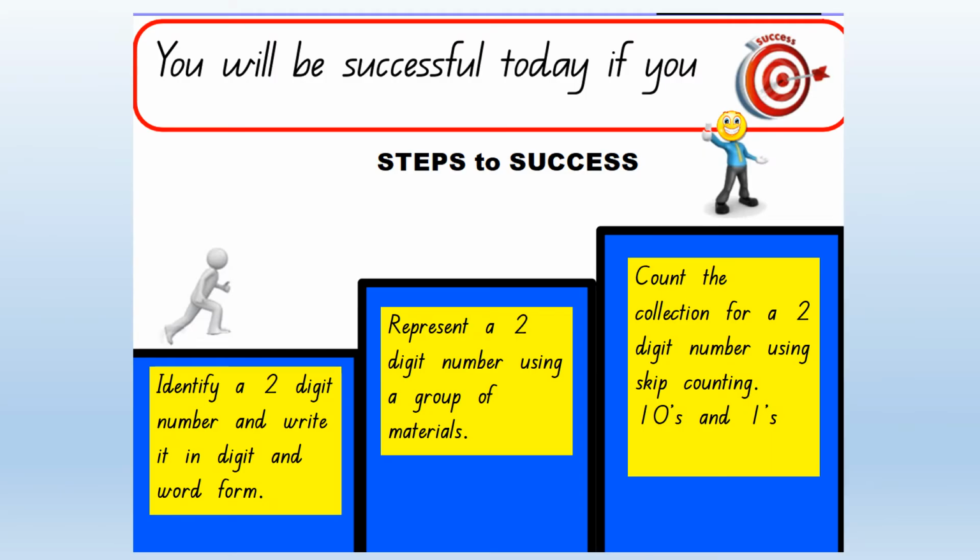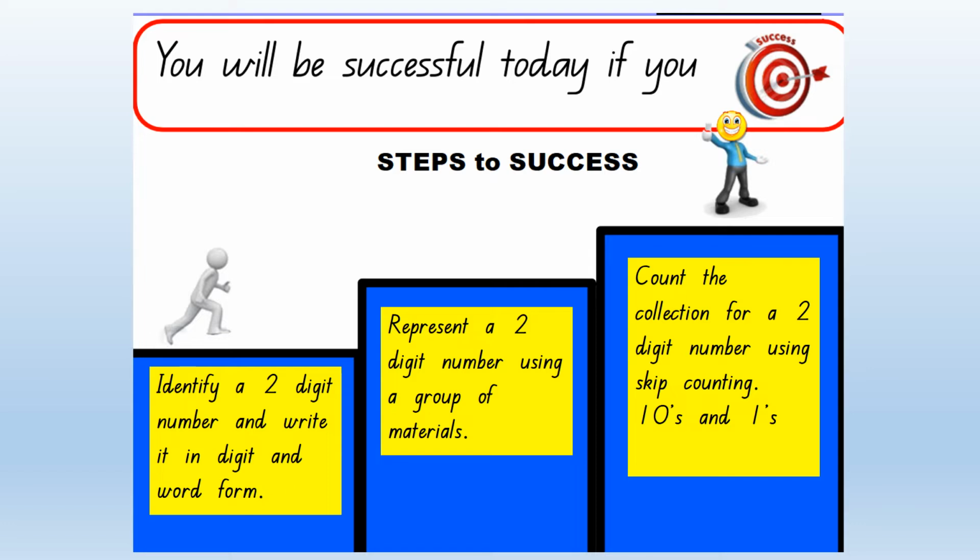Now, you will be successful today if you can do these three things. Let's start down at the bottom step. The bottom step says you will identify a two-digit number and write it in digit and word form.